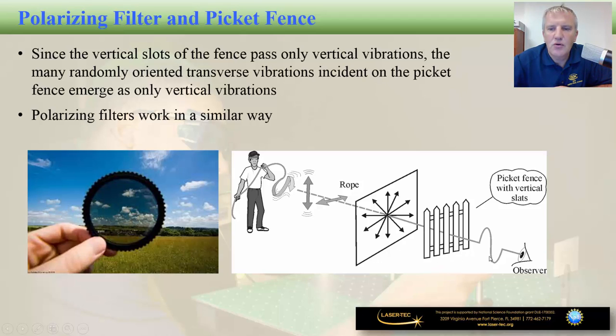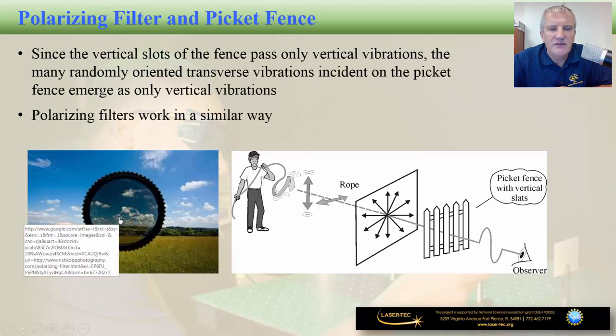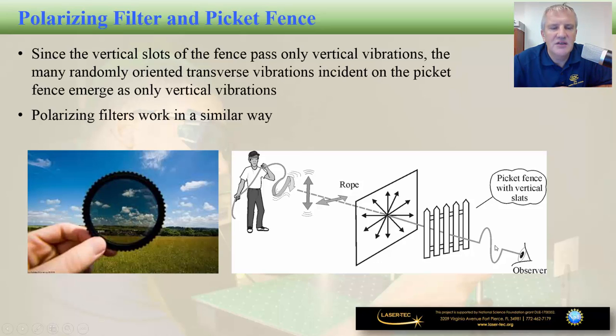Obviously, what's going to go over on the other side are only vibrations in a specific direction, the vertical direction. So what we have done basically here is an analogy where a polarizing filter is going to cut down all the unpolarized light and pass only a linearly polarized light in a specific direction. That's exactly why the light is significantly reduced when the light passes through this polarizing filter.